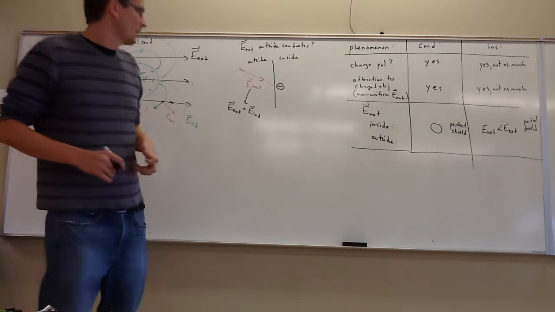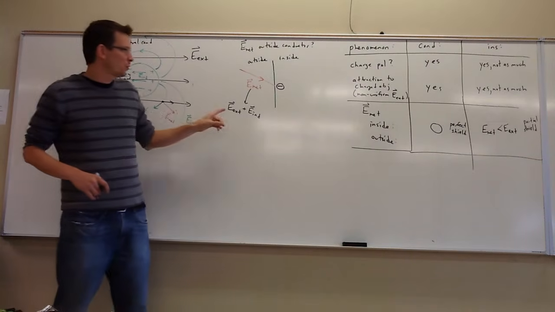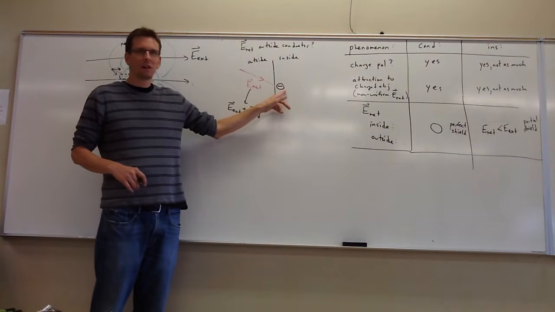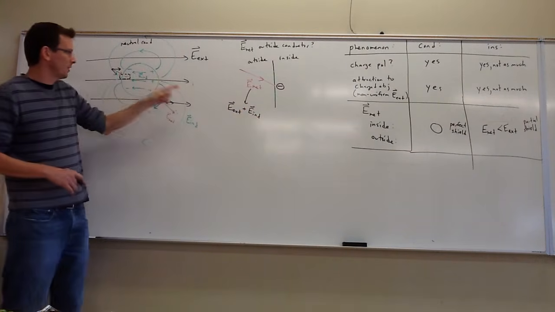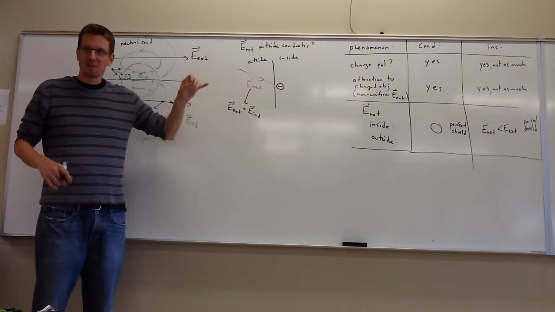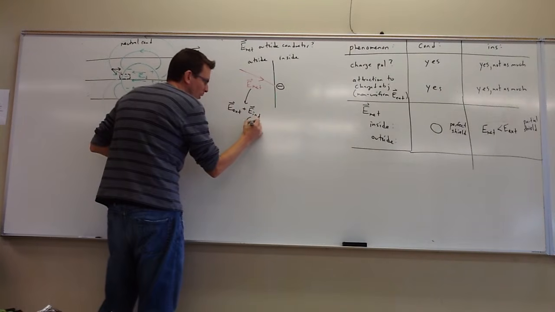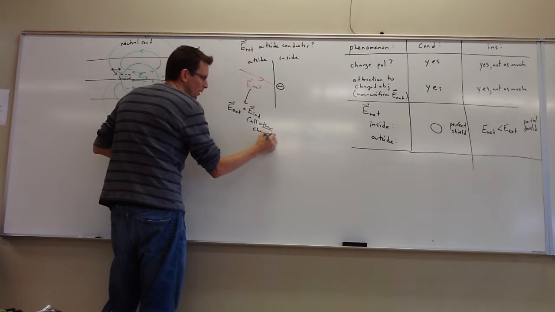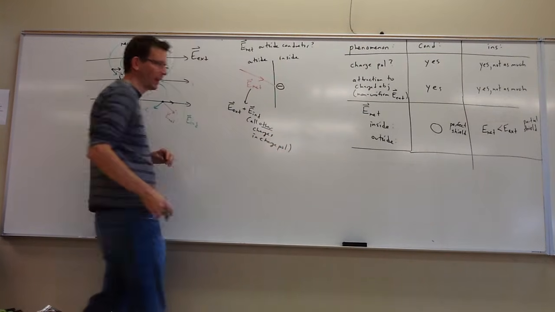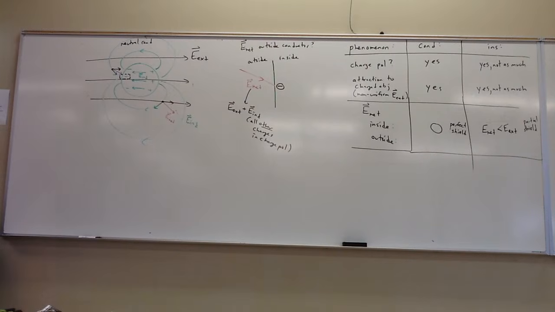So if that's the case, you might think that I've broken my rules here, because this electron is one of the many electrons that is making E induced. So if you want to be technically correct, this is an E induced from all the other charges in the charge polarization except this one, okay? So hopefully that's okay, right?